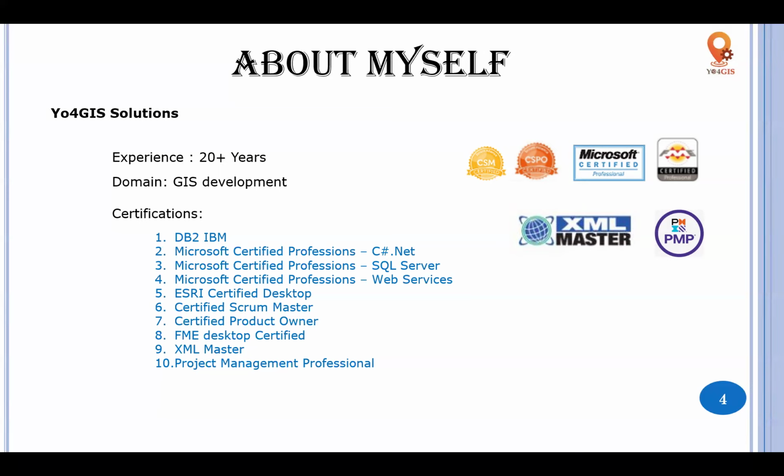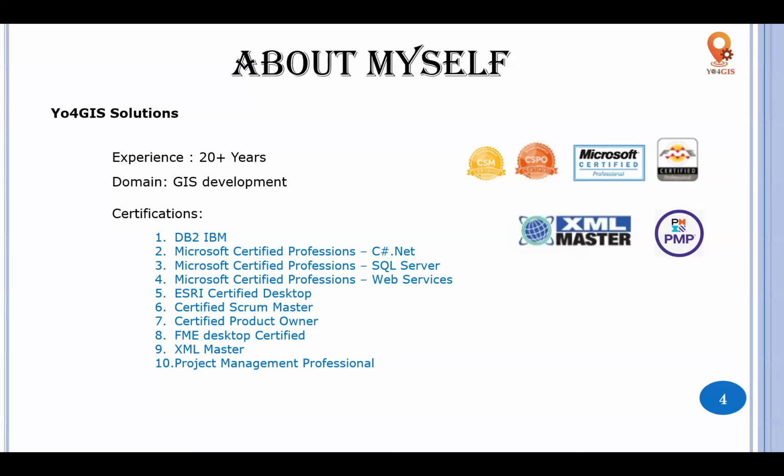Both the companies have different expertise in different domains. Geotech has very good experience and deep knowledge in data, satellite images, image processing and all. And Yo4GIS Solutions has around 6 years of experience in development and geospatial development training.